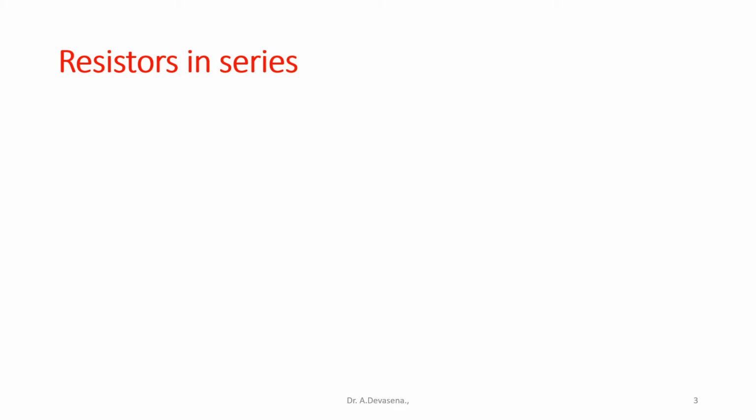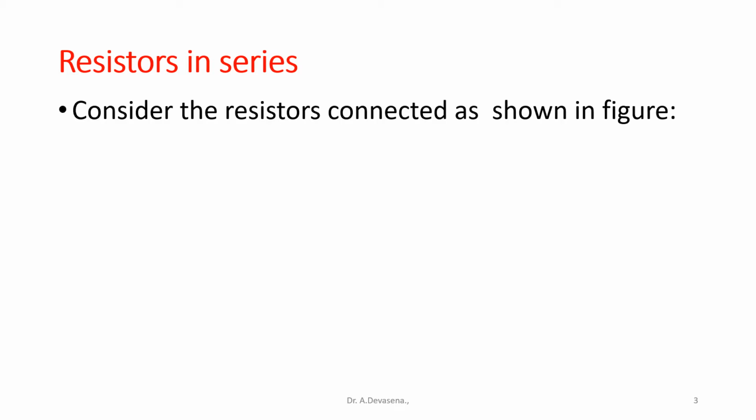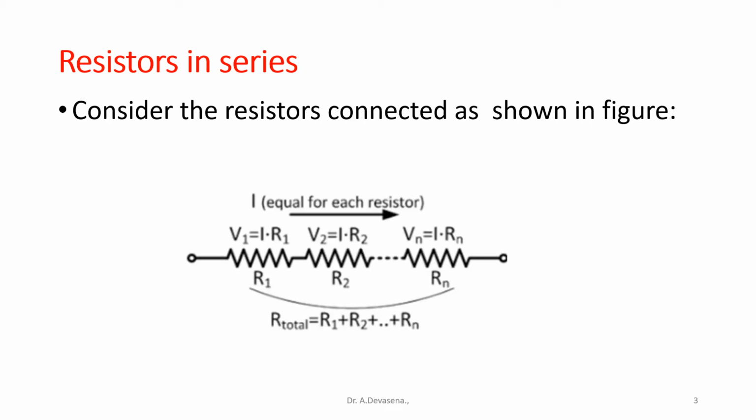Let us discuss about resistors in series circuit. Consider the resistors as shown in figure. In this figure, the resistors R1, R2 and it goes on up to Rn are connected in a cascade manner. That is, one end of the resistor R1 is connected at one point.